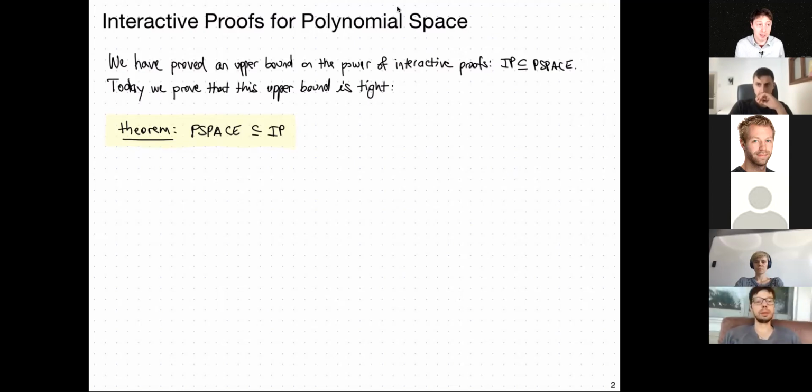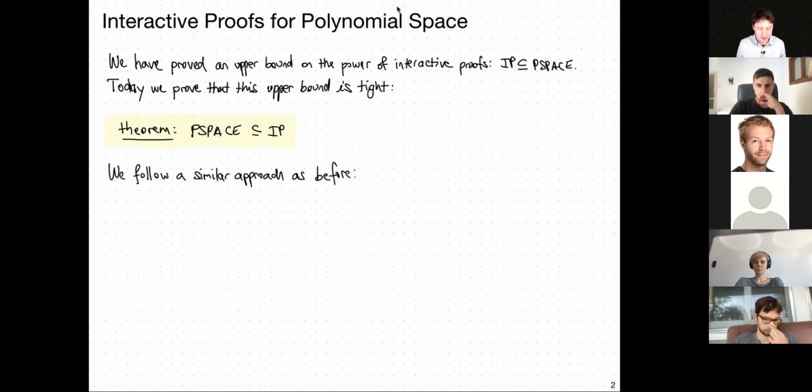And then with very little extra work, we were able to prove that P to the sharp P has interactive proofs. Now, P to the sharp P is contained in PSPACE, which is believed to be an even bigger class. And now we have, in some sense, reached the end of the journey on the power of interactive proofs, as I will show, by proving this theorem.